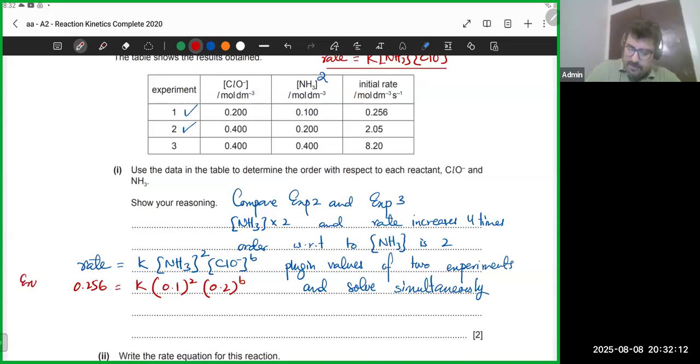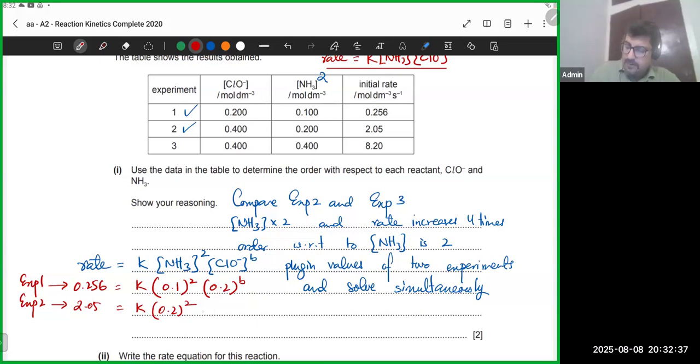I've plugged in the values of experiment number 1 in the rate equation. Now I'm going to plug in the values of experiment number 2. There the rate is 2.05, and you've got a rate constant, and the ammonia concentration is 0.2, and that's going to be squared.